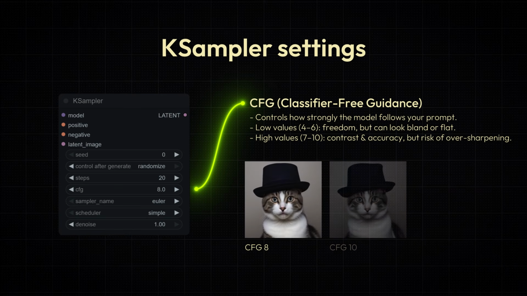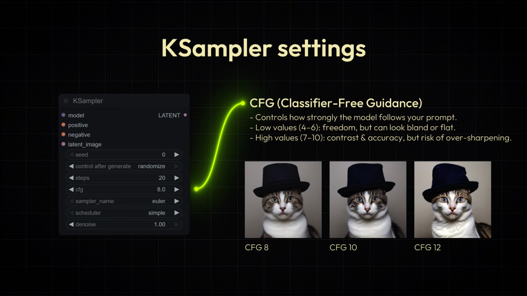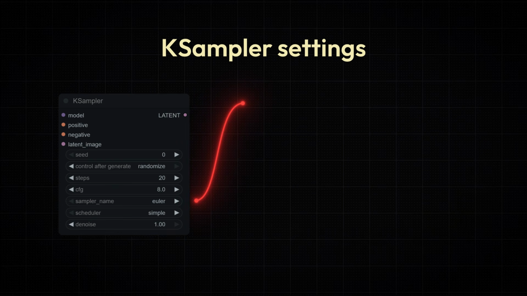On the other hand, a higher CFG, around 7 to 10, makes the model follow your prompt more strictly and adds more contrast and definition, giving the image a stronger, more focused look. If you push too high though, things can start to look over-sharpened or unnatural. So it's really about finding that sweet spot where your image feels both vivid and believable.